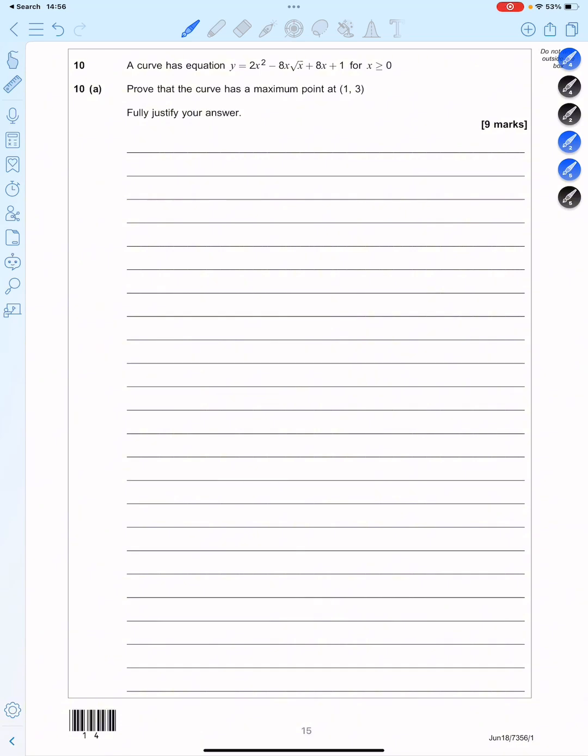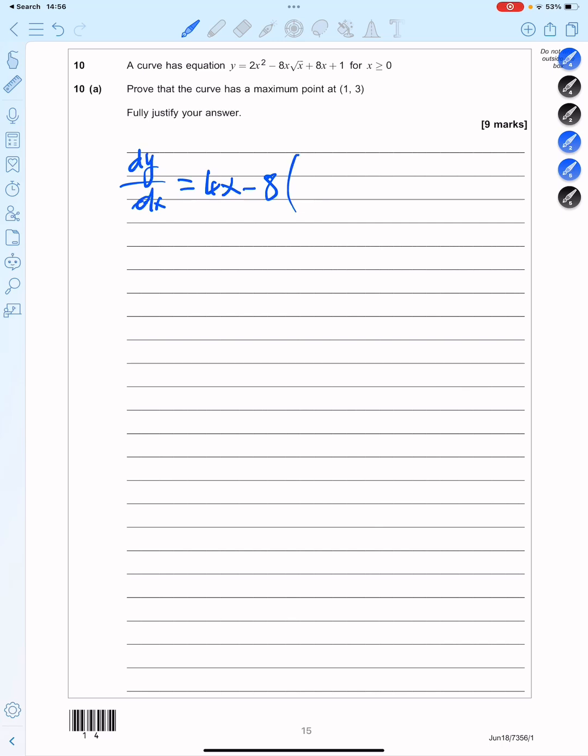So I'm going to find dy/dx, which is 2, the derivative of x squared is 2x, so times the 2 is 4x, then minus 8, then we have a product x and root x.